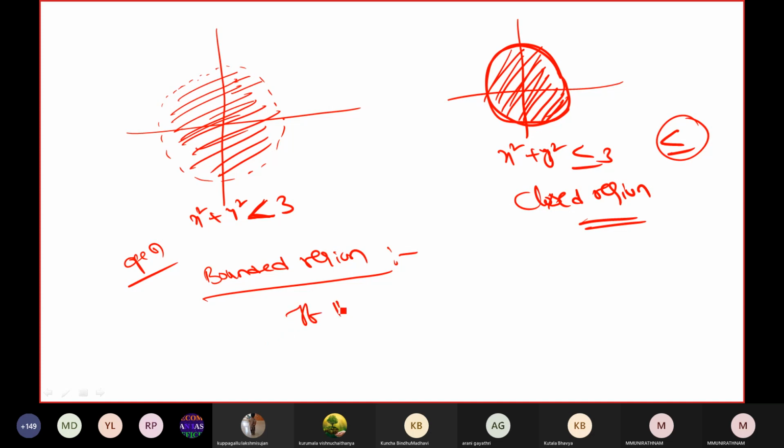If the region lies inside a disk of fixed radius, this is called bounded.